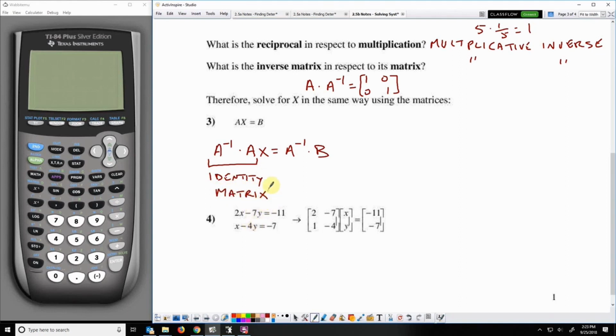An identity matrix is the matrix version of regular number world's number 1. In other words, these cancel each other out. So you get that matrix X is equal to the inverse of matrix A times matrix B.